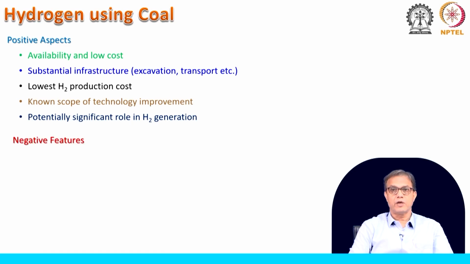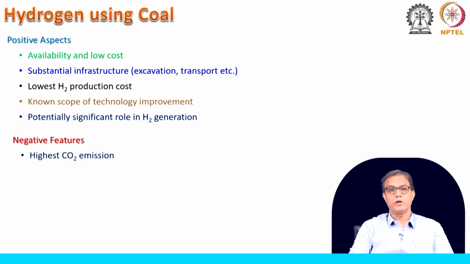But it is also known that there are quite a few negative features, and one of them is CO2 generation. Coal has the highest CO2 emission among all the non-renewable energy resources, and we have already learned that the carbon to hydrogen ratio is quite high with coal, nearly 2 to 2.5.